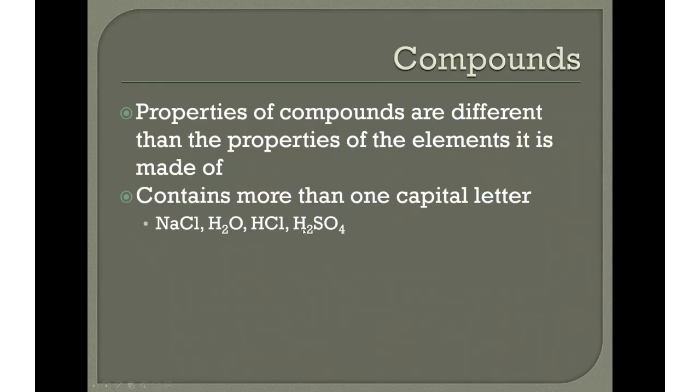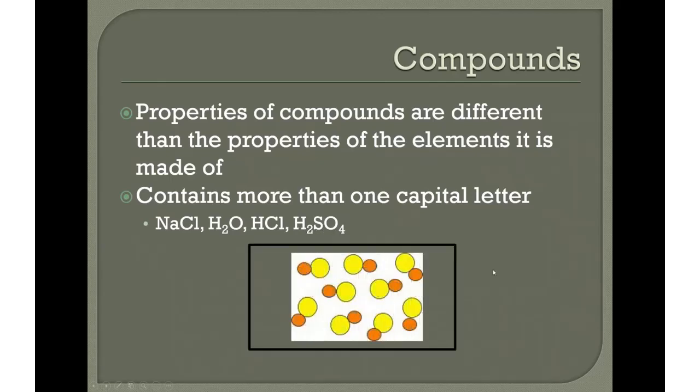Okay, so every time you have a different element, you're going to have a capital letter. At the atomic level, it might look like this. Okay, so you notice that these 2 are together and they're held by a chemical bond.